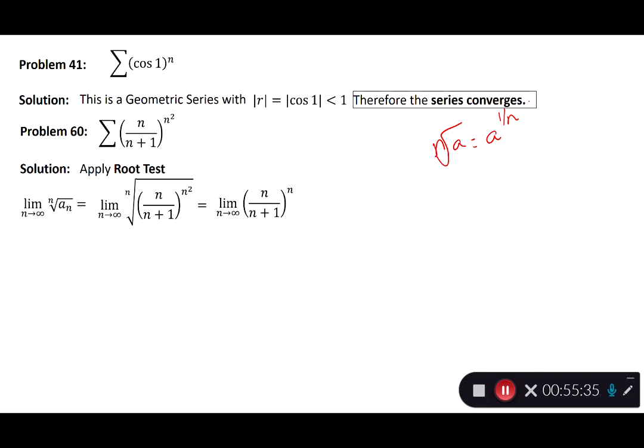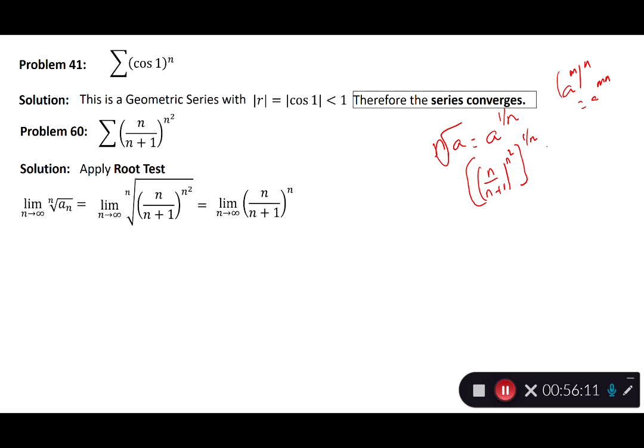So, in our case, that a is n over n plus 1, the quantity raised to n squared, and the whole thing we need to raise to a power of 1 over n. Now, is that in the form of a to the m, the quantity raised to n, which is a to the m times n? So n squared times 1 over n is just n. So that's why this is just simply n over n plus 1 raised to n.